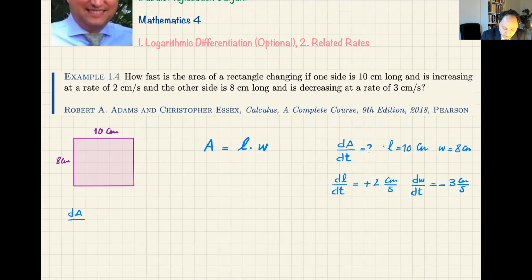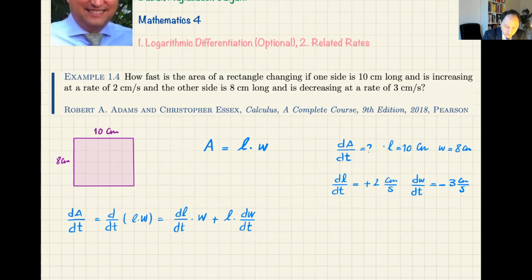So do you remember? The derivative of A with respect to time means the derivative of this product with respect to time, but the derivative of the product is the derivative of the first one multiplied by the second one itself, plus the first one multiplied by the derivative of the second one.